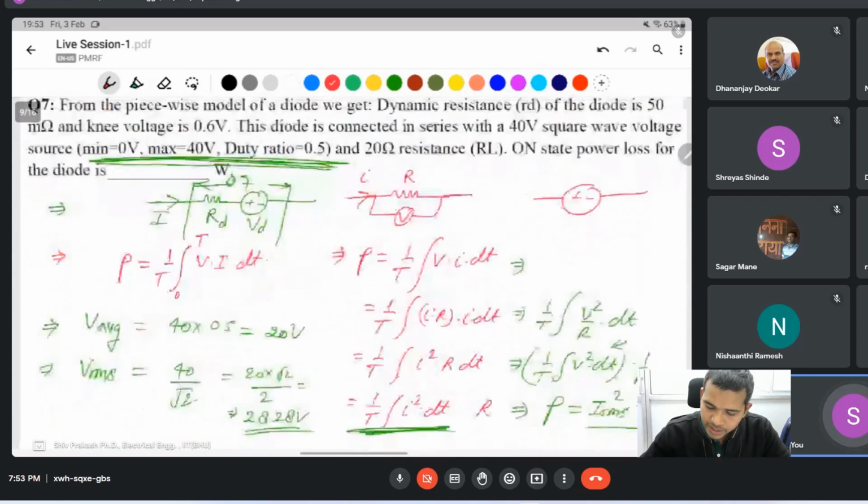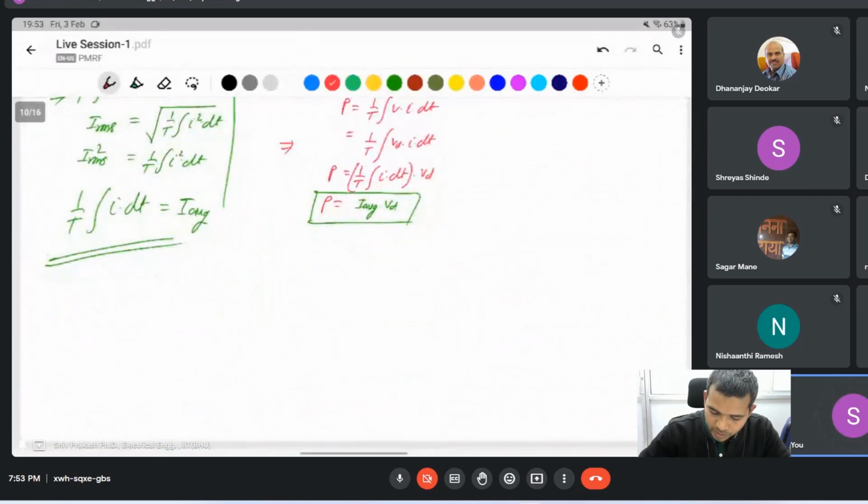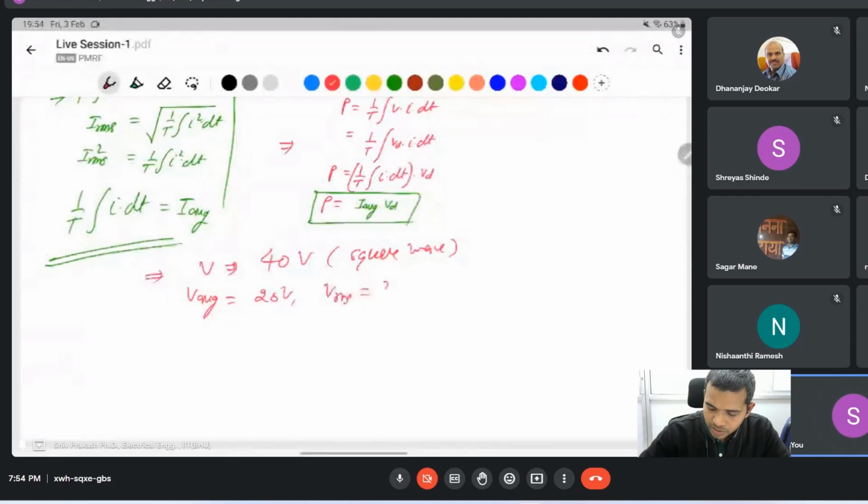I am finding the current directly. I approximate the value. Voltage given is 40 volt square wave. Find V average: 20 volt, V RMS: 28.28 volt.